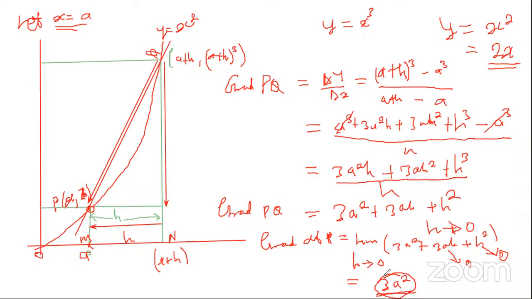Now, if we bring back the x, remember our aim is to find the gradient function. So our y is x to power 3. Then when we use x equaling to a, the gradient at point P, which is the same as the gradient of the curve, gave us 3a squared.